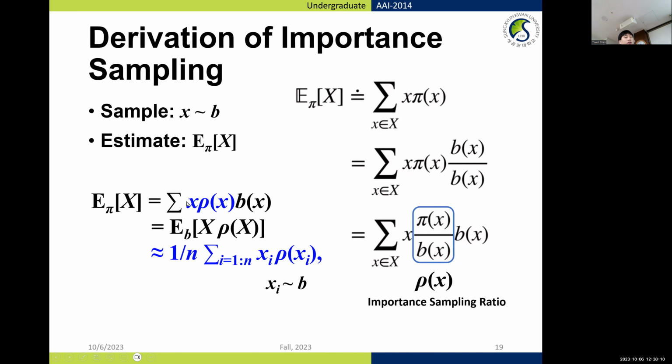If we now put this rho x here and look at this shape, it is the original definition of the expectation, where we just put x rho x as the random variable.